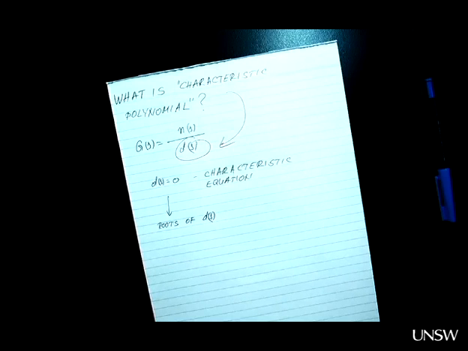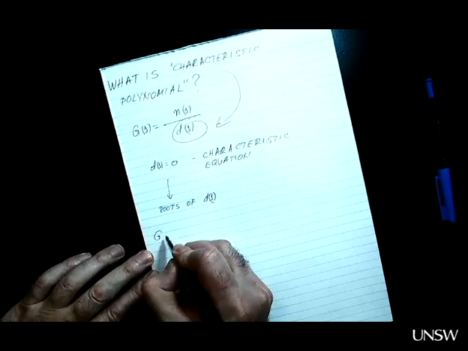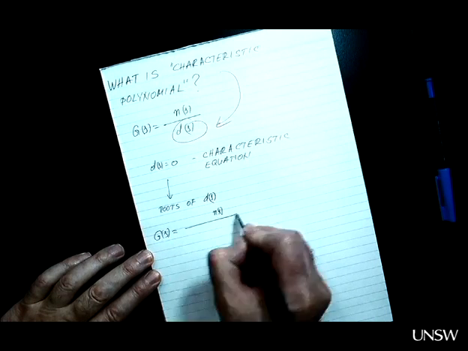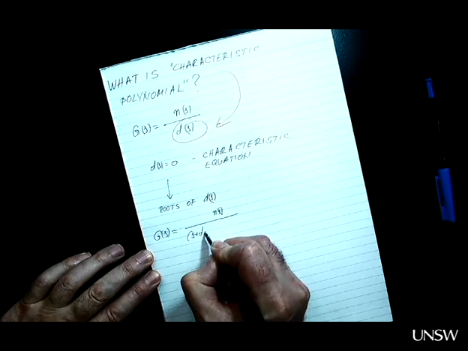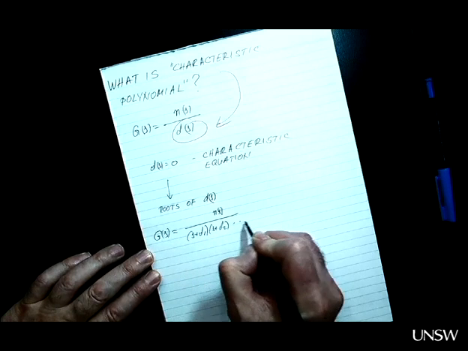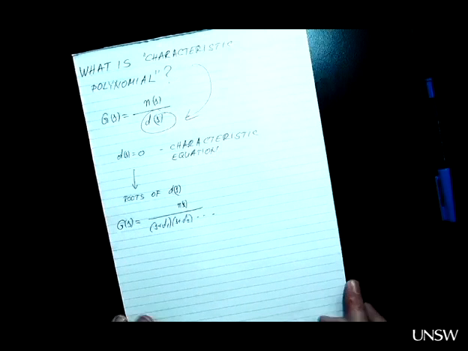Roots of the characteristic polynomial will enable us to factorize the denominator. If we are lucky to have all roots real.